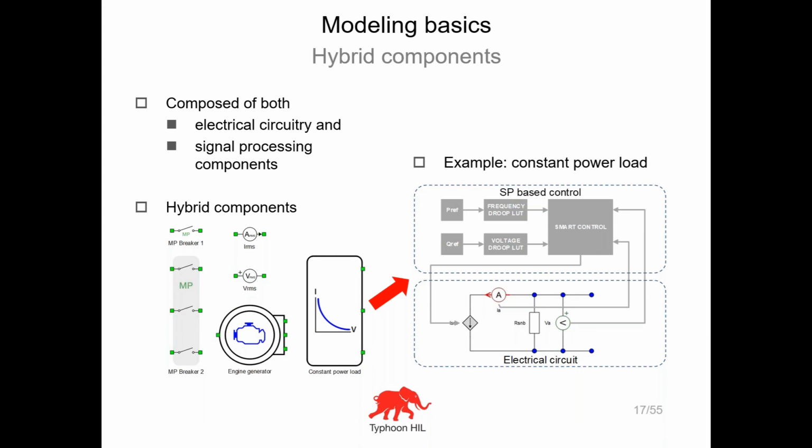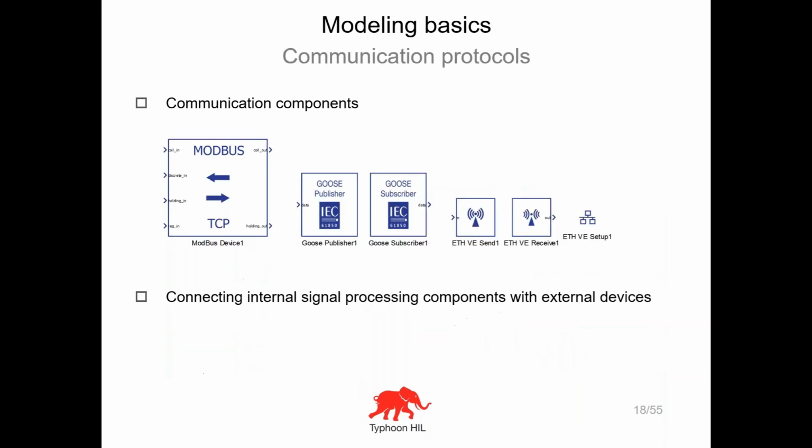The constant power load is represented by a current controlled source. Its voltage is measured and fed to the signal processing control, which in turn calculates the required current so that the active and reactive power references of the load are met under different conditions.